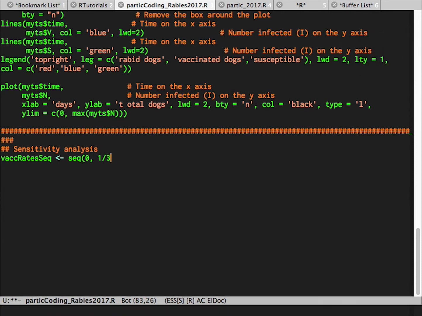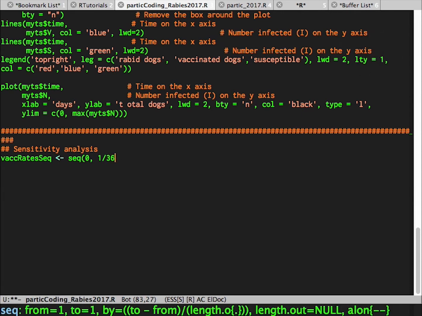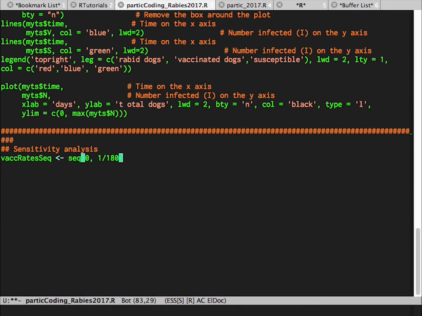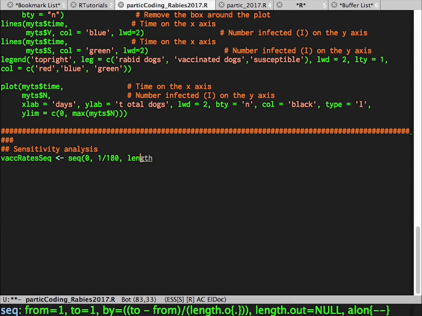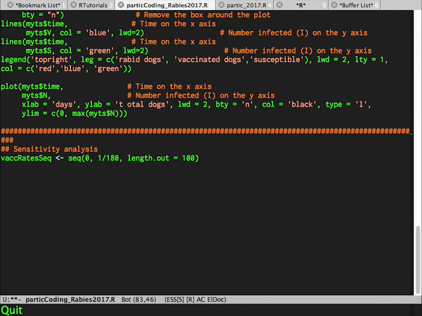So maybe let's look at annual. Let's go up to 1/180, because we know that that's going to be sufficient. And we'll do a 100 values in that sequence.